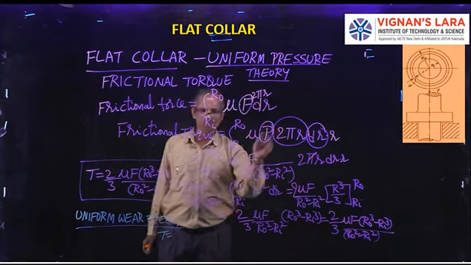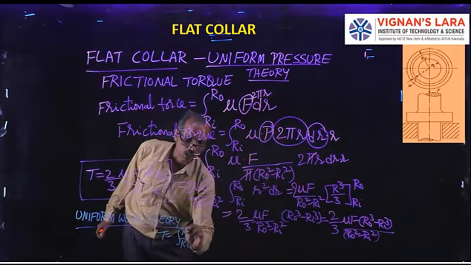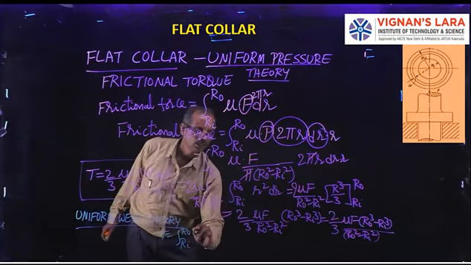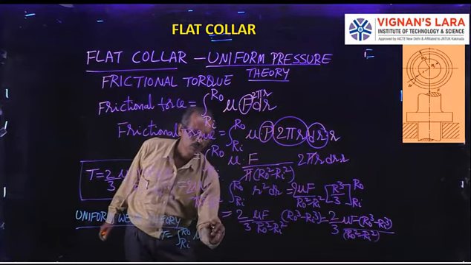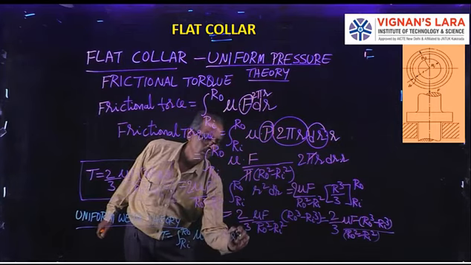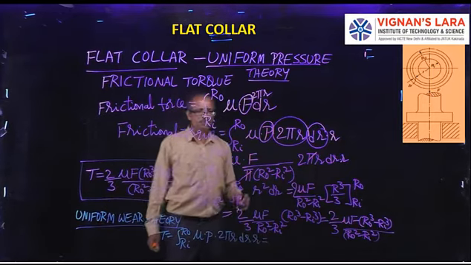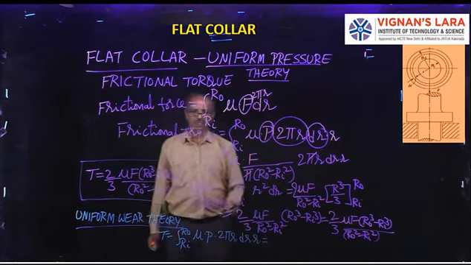This is ri to r naught of mu P 2 pi r dr into r. What is P in case of uniform wear theory?